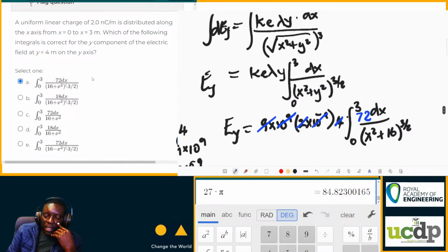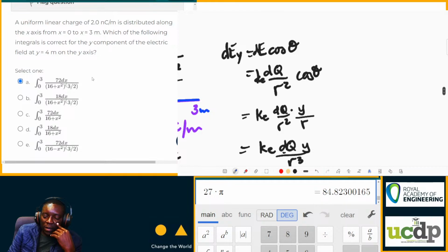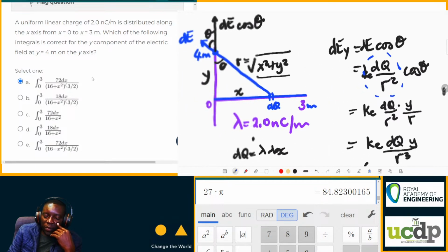So it's the same principle. What we have simply done, knowing this equation, is that if we are to find the electric field at point P, the point of measurement, then this electric field is contributed to by all the dq elements integrated along the x.